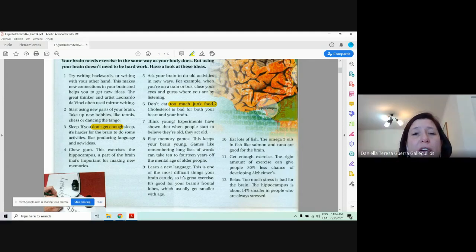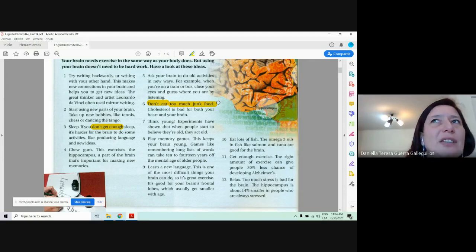It's a general word. So don't eat too much food. And as you can see, too much is in a negative sentence because it is something that is excessive, right? So don't eat too much. It's a negative connotation. As we said, we use too with negative connotation. Cholesterol is bad for both your heart and your brain.